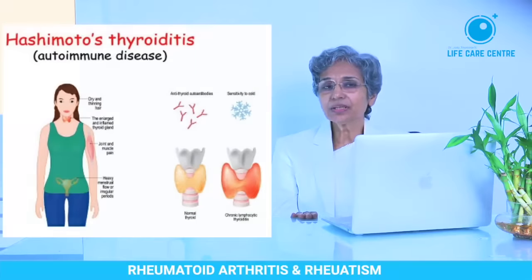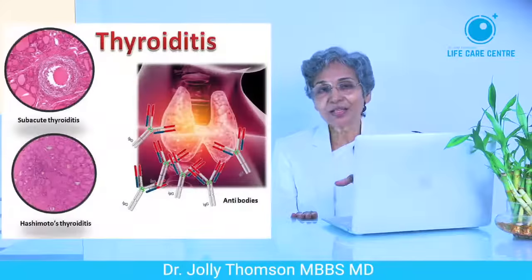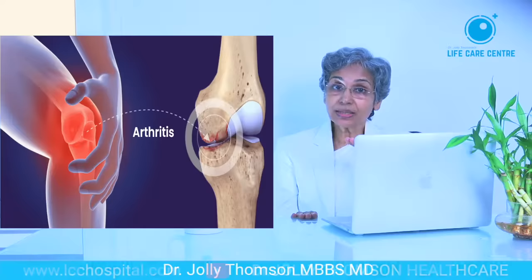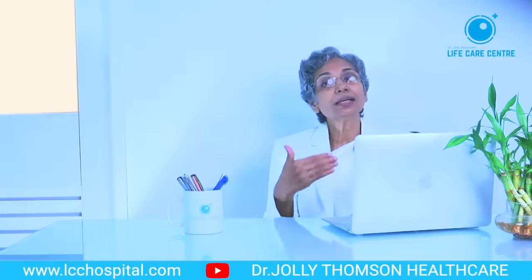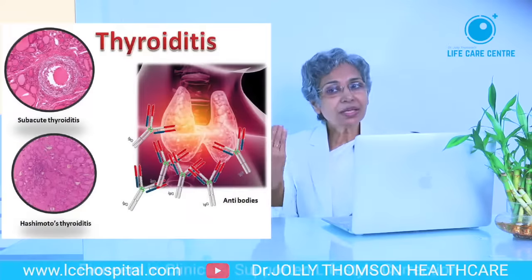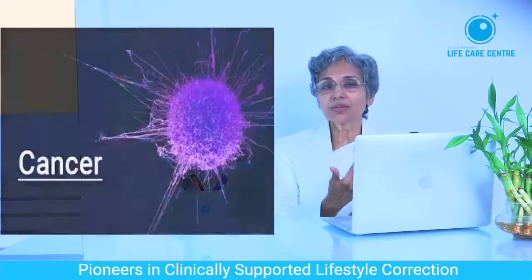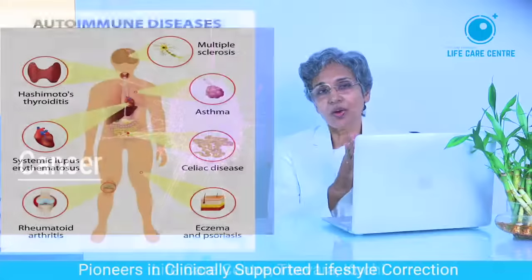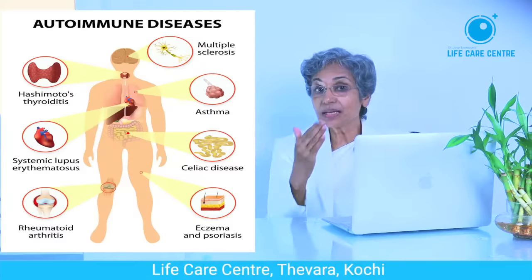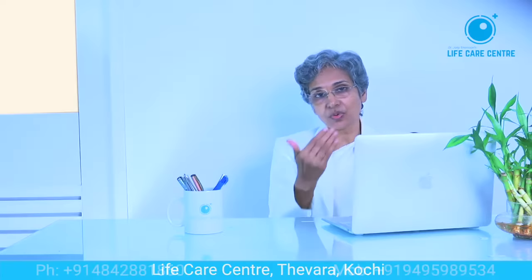Either the thyroiditis comes first and then the arthritis, or rheumatoid arthritis comes first and after a few years the thyroiditis comes. And many of the patients who report with cancer also have had an autoimmune disease first, and then it goes into cancer.